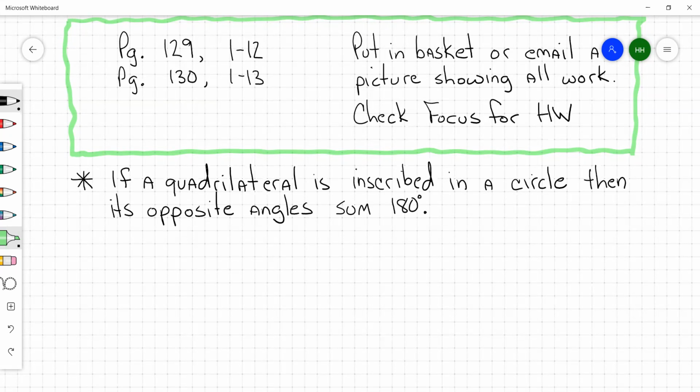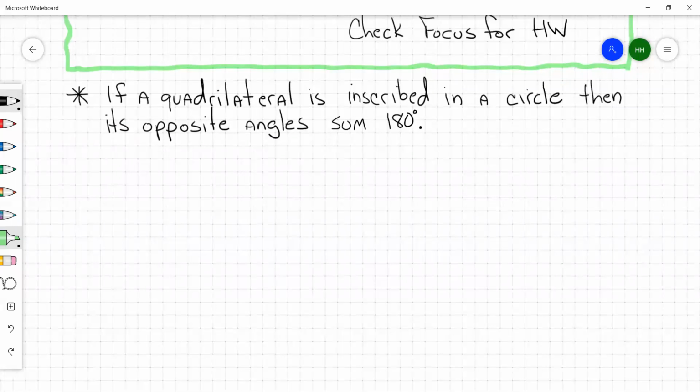A quadrilateral inscribed in a circle, opposite angles sum 180.